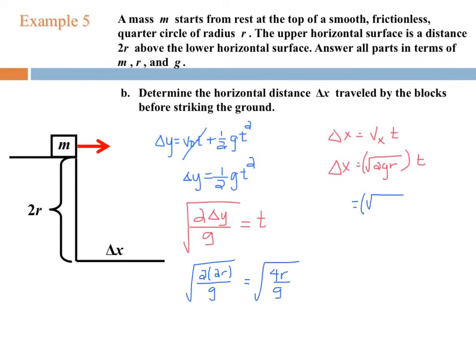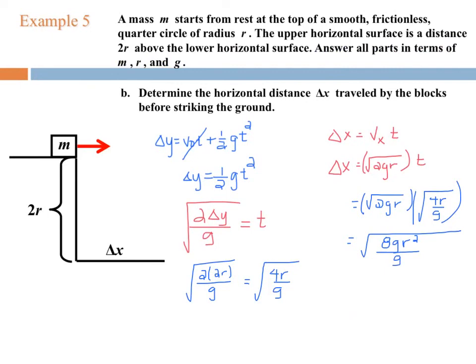So square root. Now remember that when I'm multiplying two square roots, I can actually put everything that's below both of the square roots under the same square root. What that looks like is one giant square root. 4 times 2 is 8, g r squared over g.